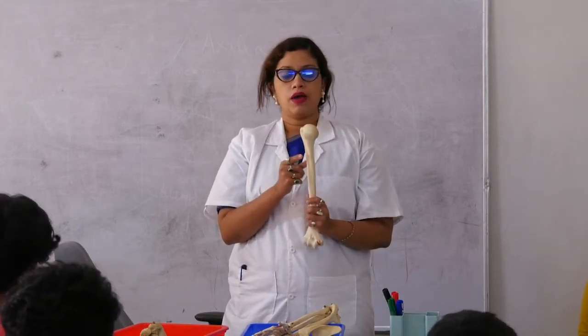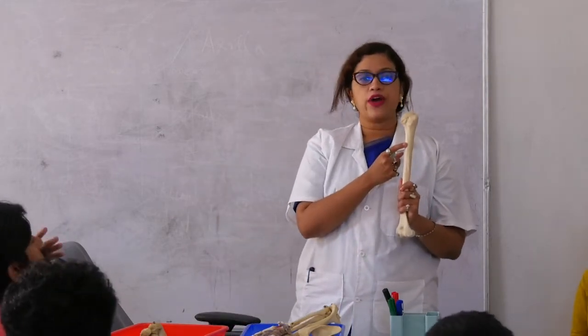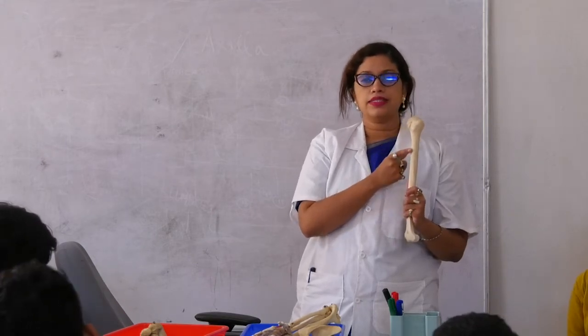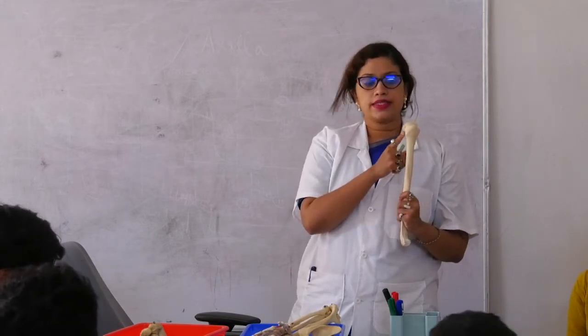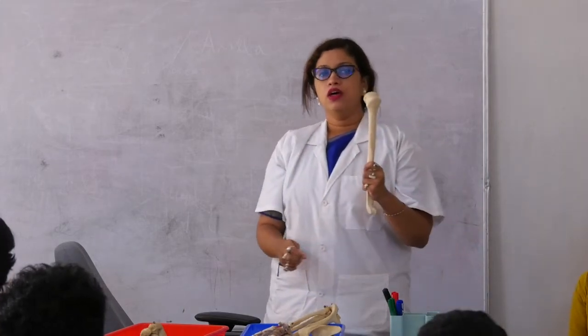Okay, then how to see the morphological neck? You have to go just 5 cm above the surgical neck. Here is the separation between the epiphysis and the diaphysis. So this portion in between is not seen.